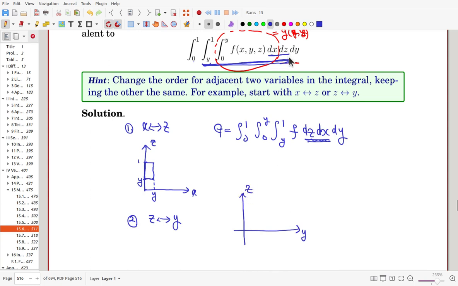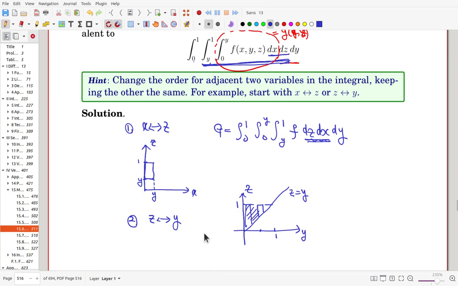For the outer integral, y is moving from 0 to 1. In the z direction, bottom z is y, so that is the line z equals y, and top z is 1. So for each y, from bottom z to top z, we are accessing this region vertically. That is the region.